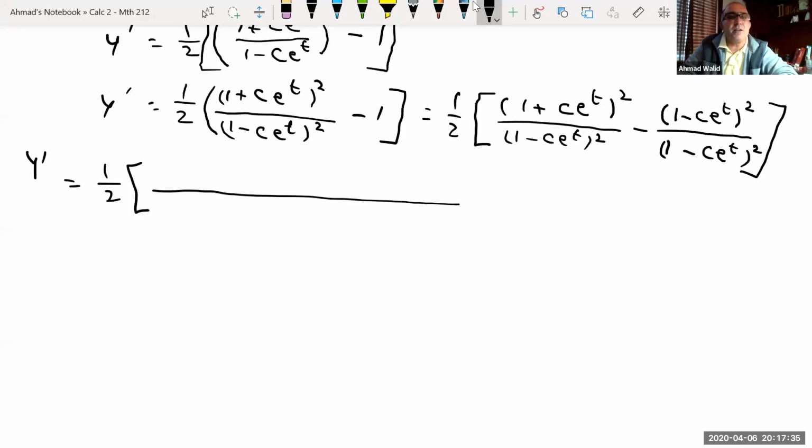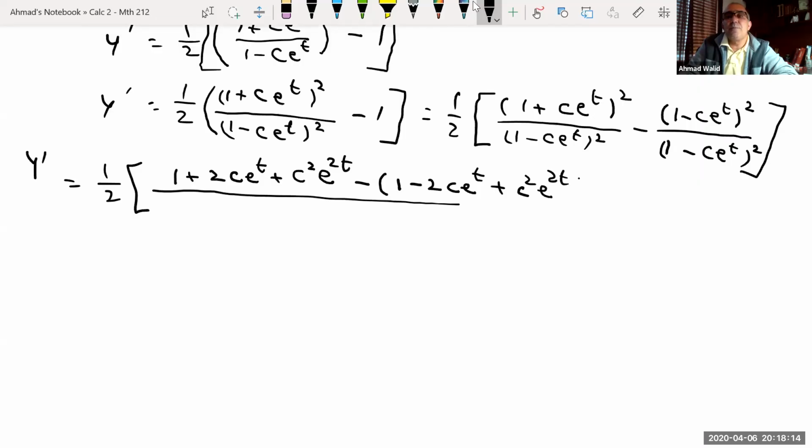It means the square of the first, which is 1, plus 2 times 1 times ce to the power of t, which gives you 2ce to the power of t, plus the square of this part, which gives you c squared e to the power of 2t, minus, same thing, FOIL this, it gives you 1 minus 2ce to the power of t plus c squared e to the 2t, all over 1 minus ce to the power of t all square.